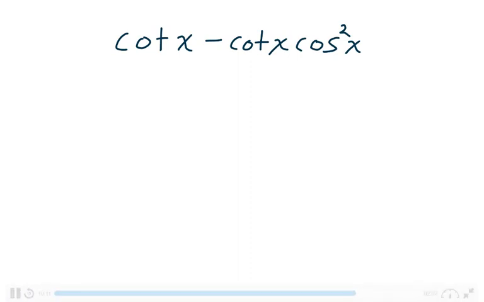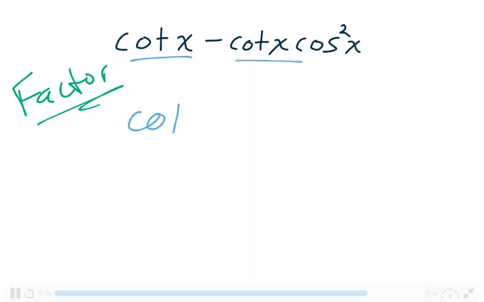Now, I just don't want you to forget that you have other strategies, not just common denominators. Here we have a strategy that recognizes a repeated function. When you have a repeated function, then it's factoring that's required. Remember how we did that? You're just going to factor out that repeated function.